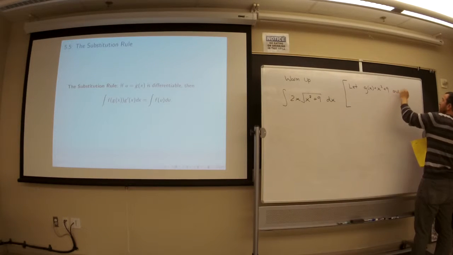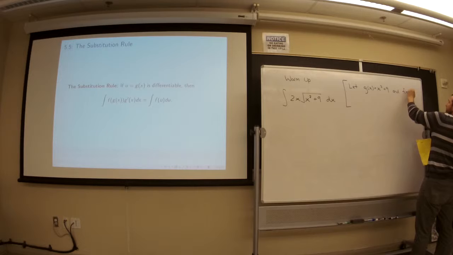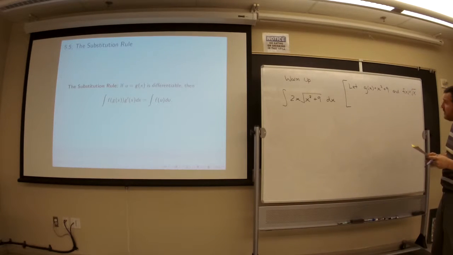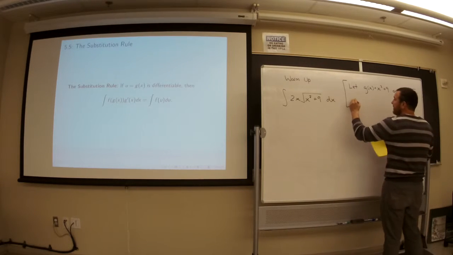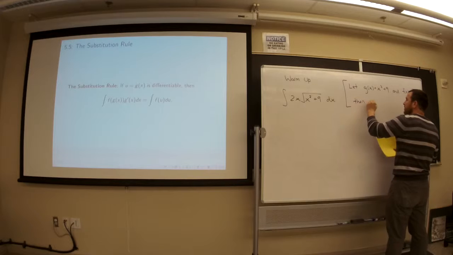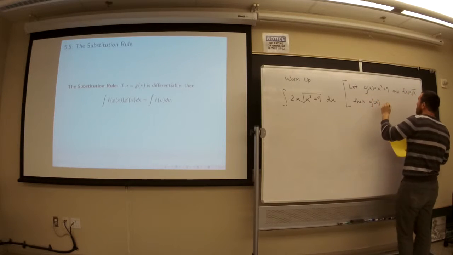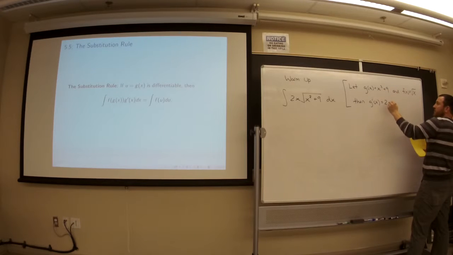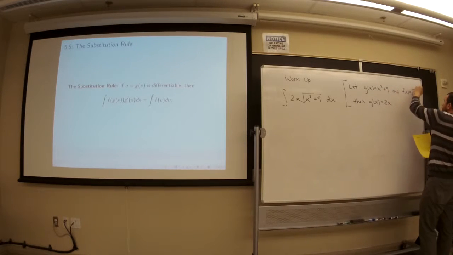And f of x will be the outside function, the square root function, so just square root of x. And then with that, we know what g prime of x is. That's just the derivative of g of x, so that's 2x.